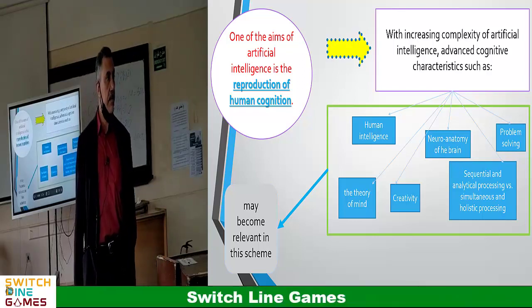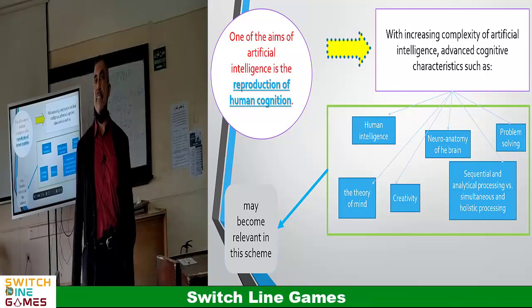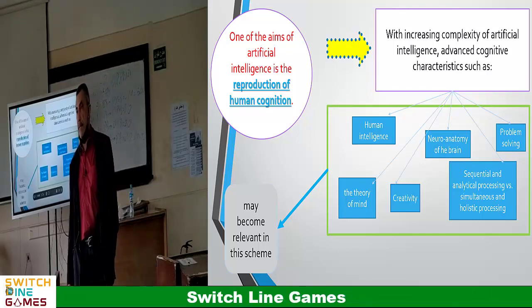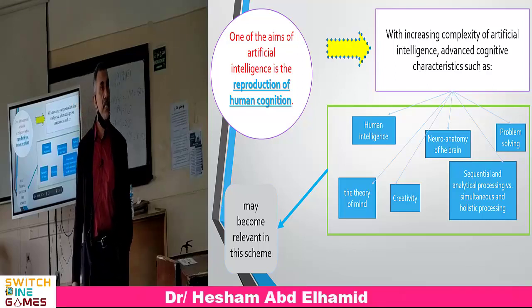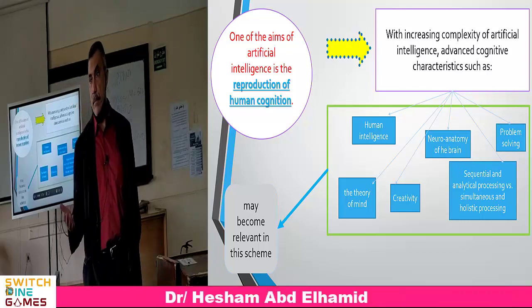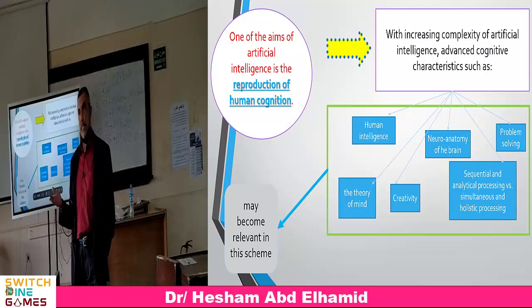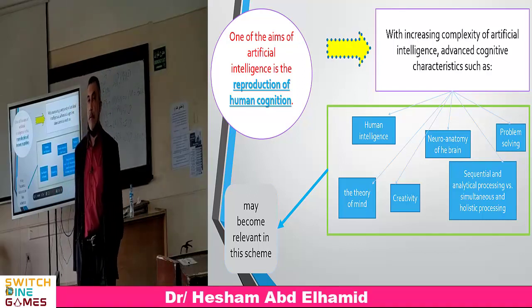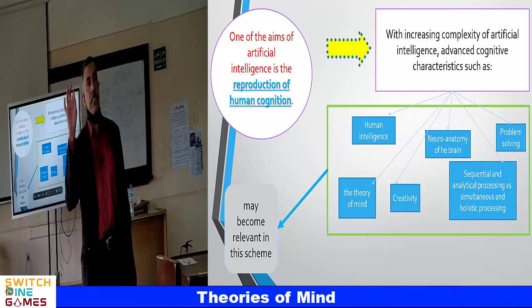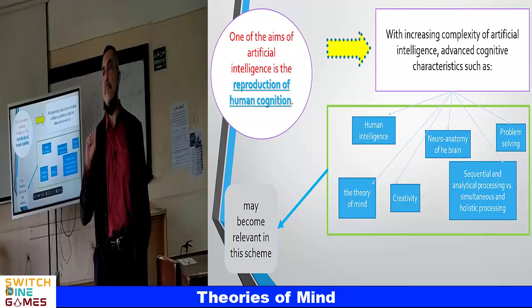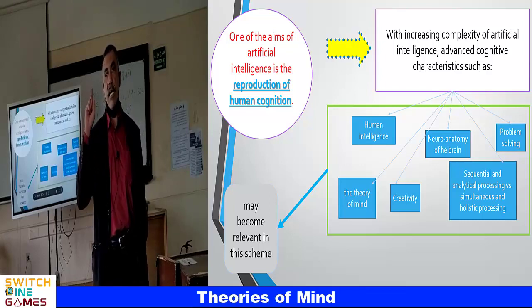What else? What about understanding? What about recognition? What about attention? Communication. We said communication. What else? What about intelligence itself, the components of intelligence? We have multiple intelligences. We don't have one kind of intelligence.